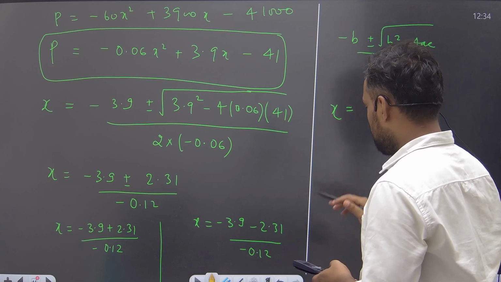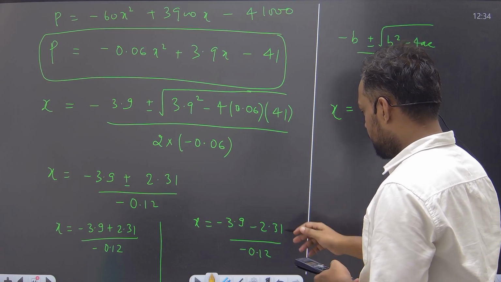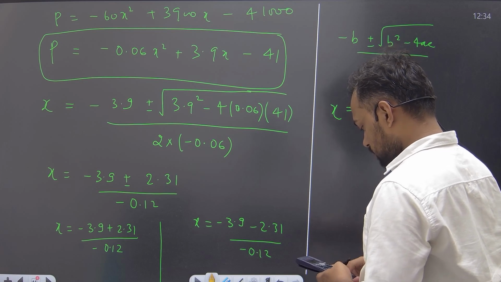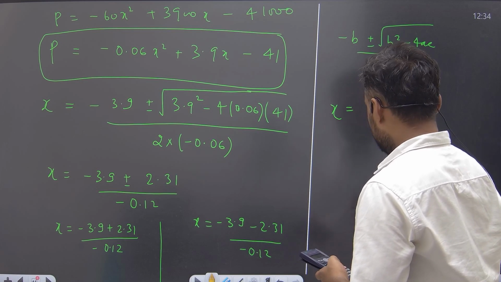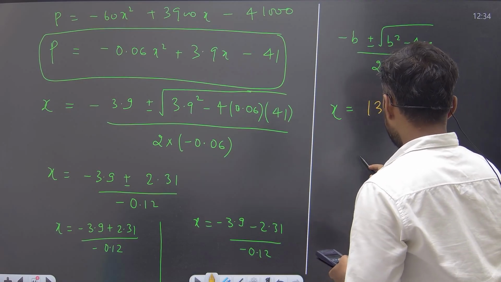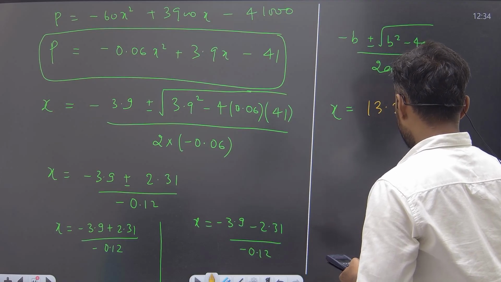One value is 13.25. Similarly, the second value will be 3.9 plus 2.31 upon 0.12, that is 51.75. So the possible values of x are 13.25 and 51.75.